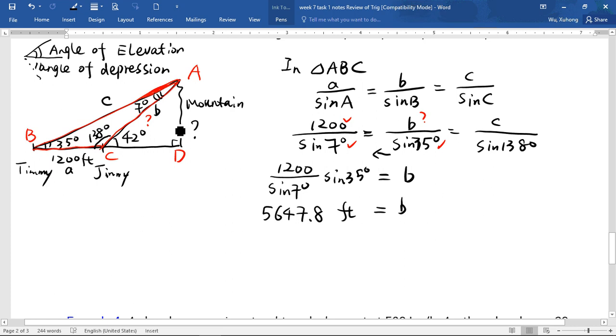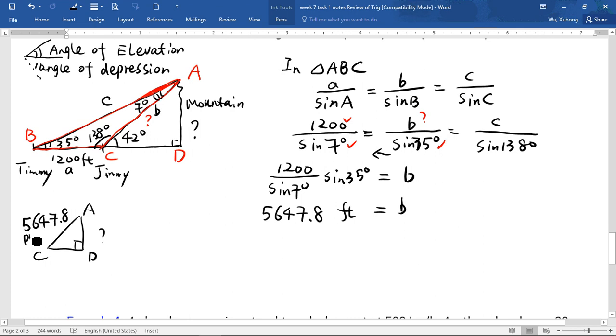And after that, we are going to use our next triangle ACD to find this height. So 5,647.8 feet. This is 90 degrees. We could use SOH-CAH-TOA, so label it.